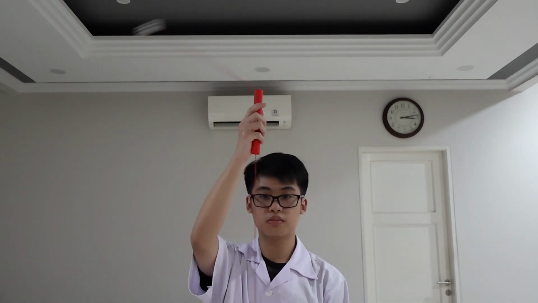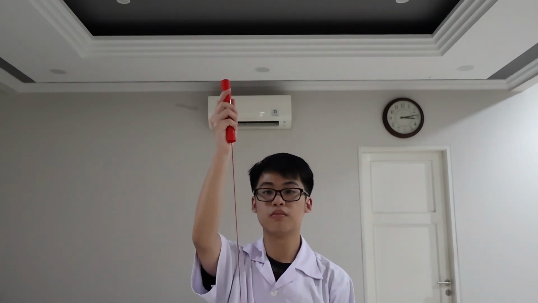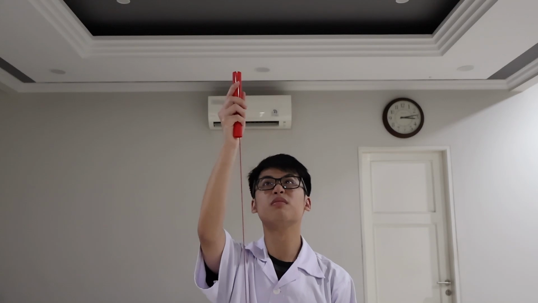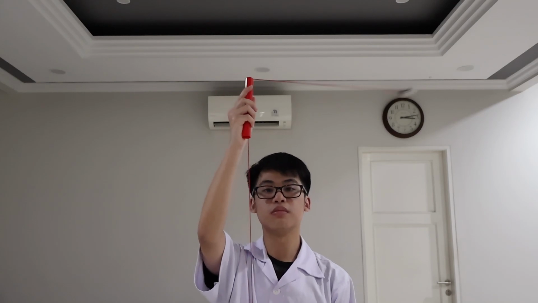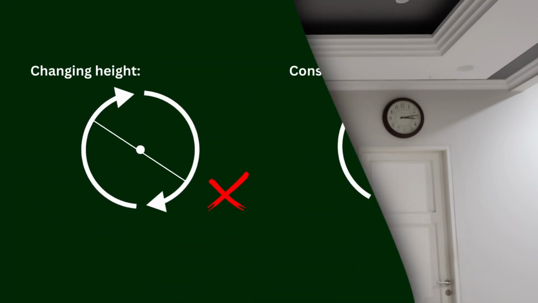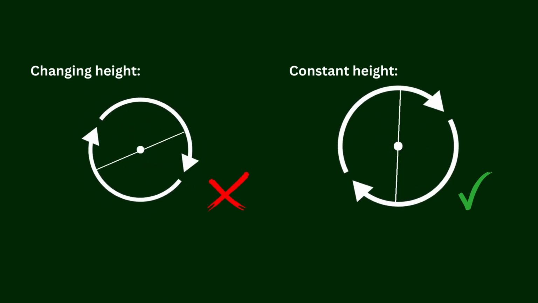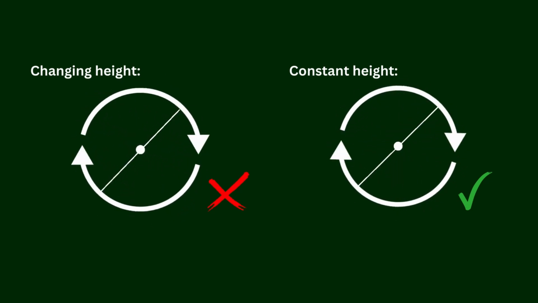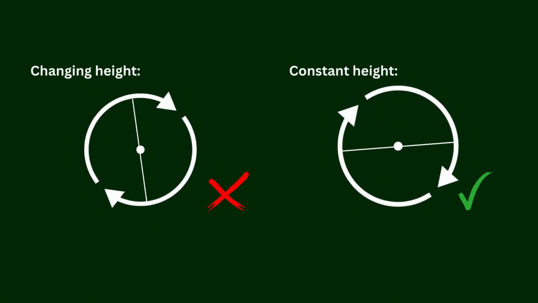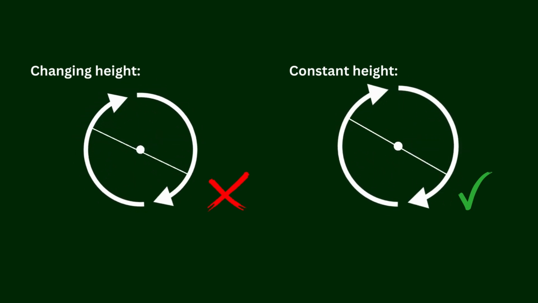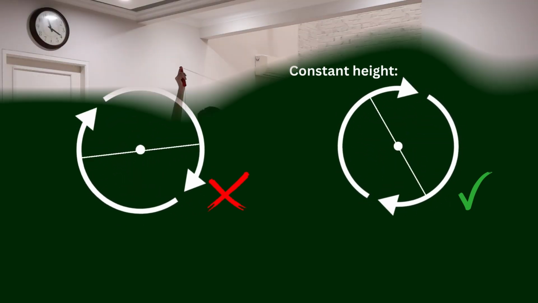When you have finished doing every step before this, then you can proceed with spinning the stopper around the plastic tube above your head as demonstrated like this. It is important to make sure that while spinning, the height of the mass and the radius between the stopper and the plastic tube axis is constant, where there is no change in this length.